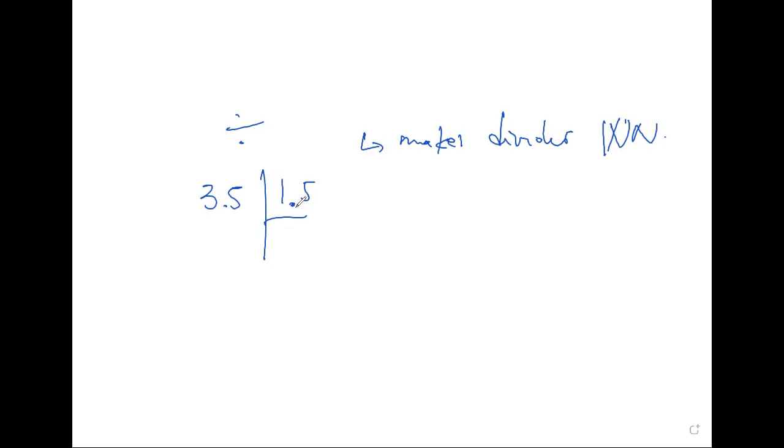How do you do that? You move the dot by one digit, in this case, like here. You do exactly the same thing on the number, the dividend. Okay, that is 3.5. You move to the right by one digit here. So now we have 35 divided by 15.